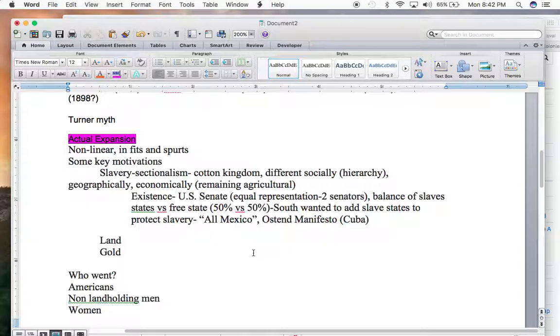Meanwhile, of course, the North, I don't think the North was against slavery necessarily, but they were against the expansion of slavery. That was a line that the North was willing to hold. The North was benefiting heavily from these southern states because they were producing so much cotton, and that fed all the mills. New England was producing tons and tons of cloth.